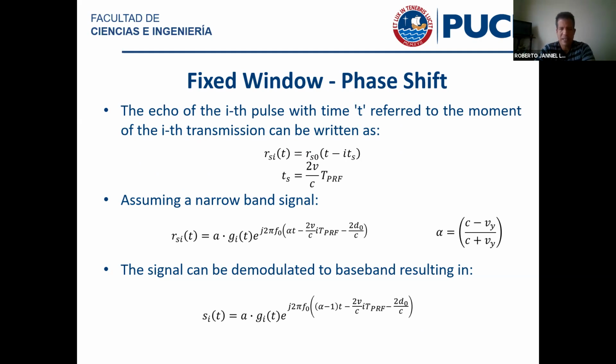So the idea here is that you're going to transmit at least 2 pulses. So you're going to transmit your ultrasound signal at least twice. You can do it more than twice, but you need at least twice.